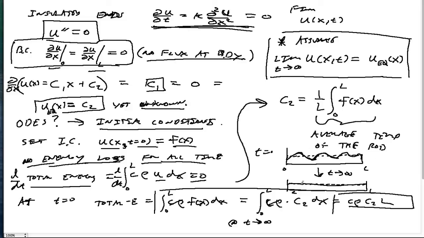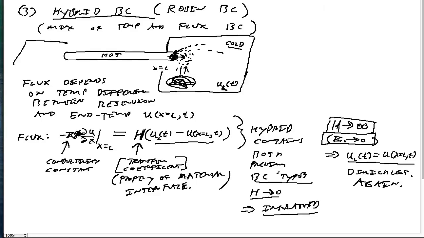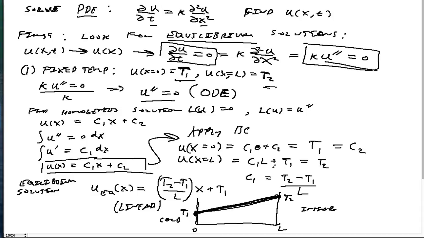So the idea that we're converging towards an average, everything becomes averaged, is an important concept of heat transfer, and that will be our lesson for the day, essentially. So let's just write down a few things real quick.